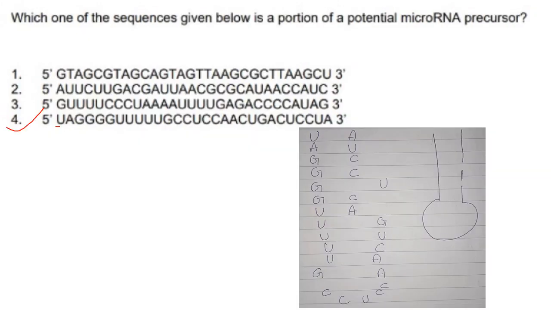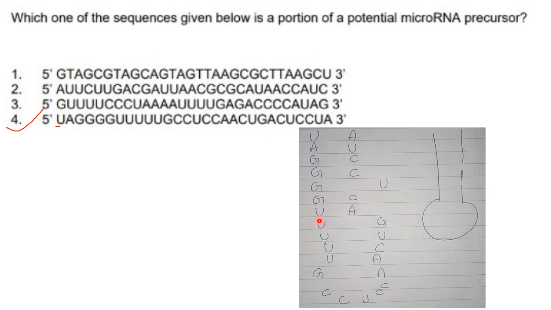Then next one. Which one of the sequences given below is a portion of a potential microRNA precursor? MicroRNA forms an imperfect stem loop and it is seen in option 4. If you see option 4, you can see U pairing with A, then A pairing with U, G pairing with C, again G pairing with C, G, U, that is not pairing because it forms an imperfect stem loop, so naturally pairing will not be there.